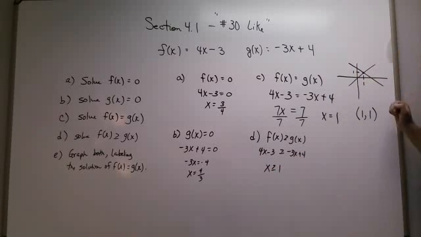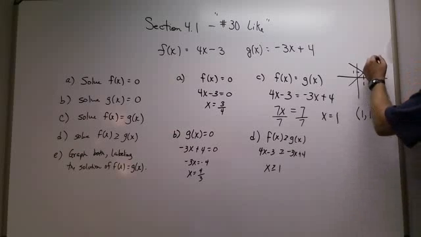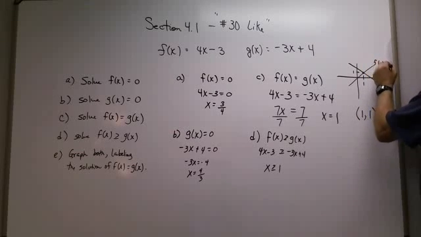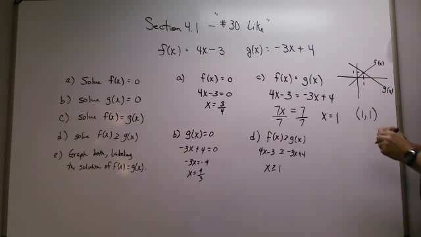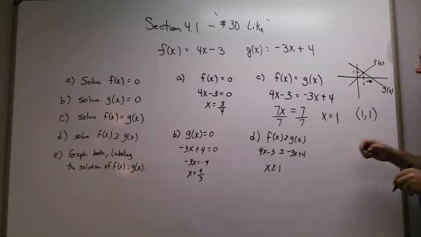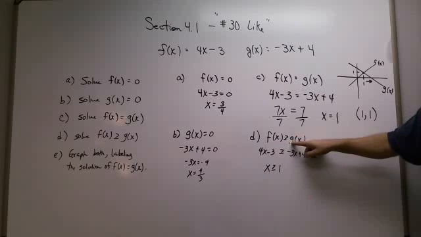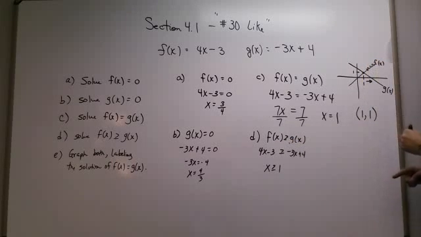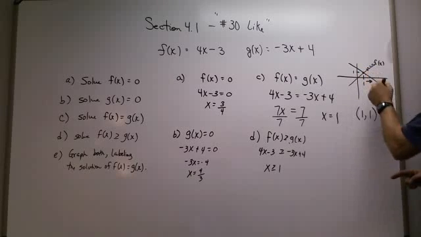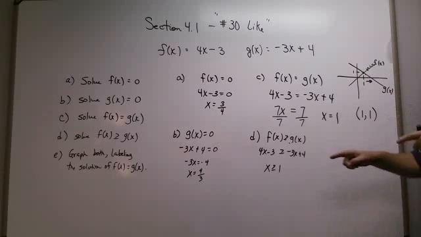So what they're basically saying is, this must be f of x, and that's g of x. To the right of 1, the function f of x is greater than g of x. And if you notice, that's exactly the case. F of x is up here, and g of x is down here. It's higher than g of x. So that's really what that is saying.